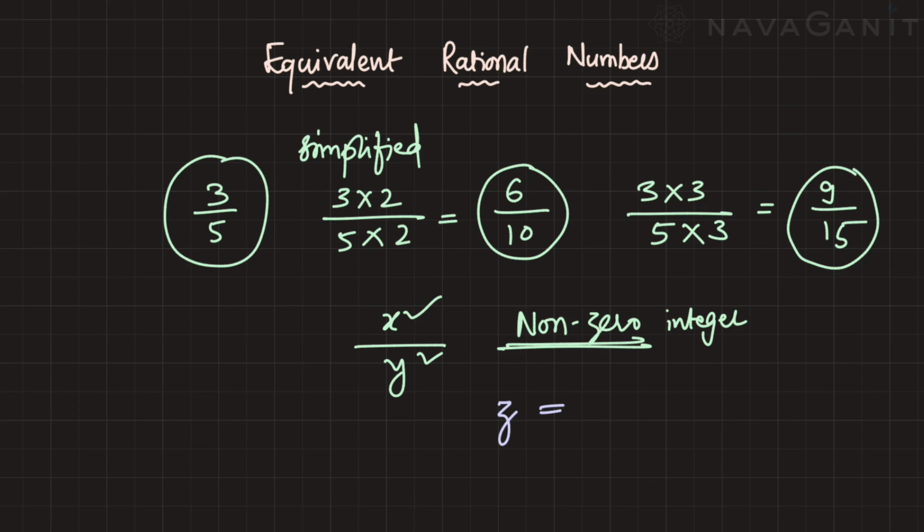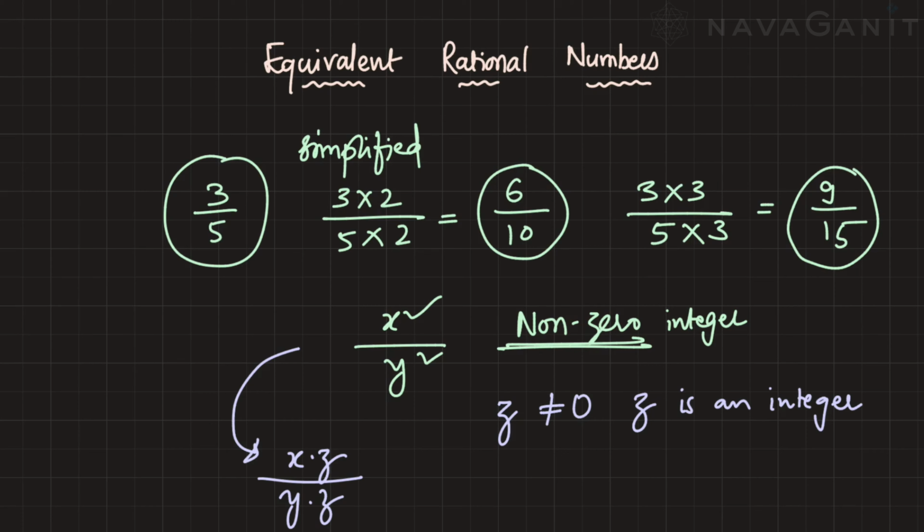So z is not equal to 0 and z is an integer. Now say I multiply x with z and y with z. This is equivalent to x by y. Similarly, if I divide x and y by z, this is also another equivalent rational number. So this is how we can have equivalent rational numbers.